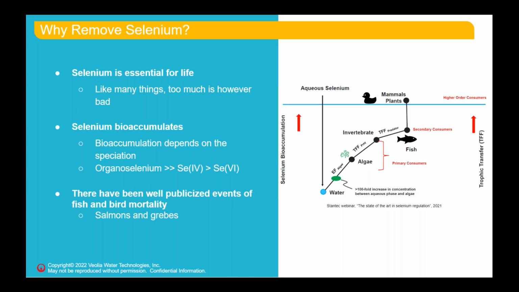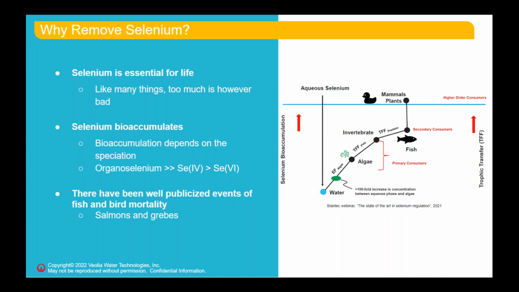So it is essential to life, which means that cells have mechanisms to absorb selenium from the environment to make sure that selenium is available for the enzymatic action that is required. That has a number of consequences.